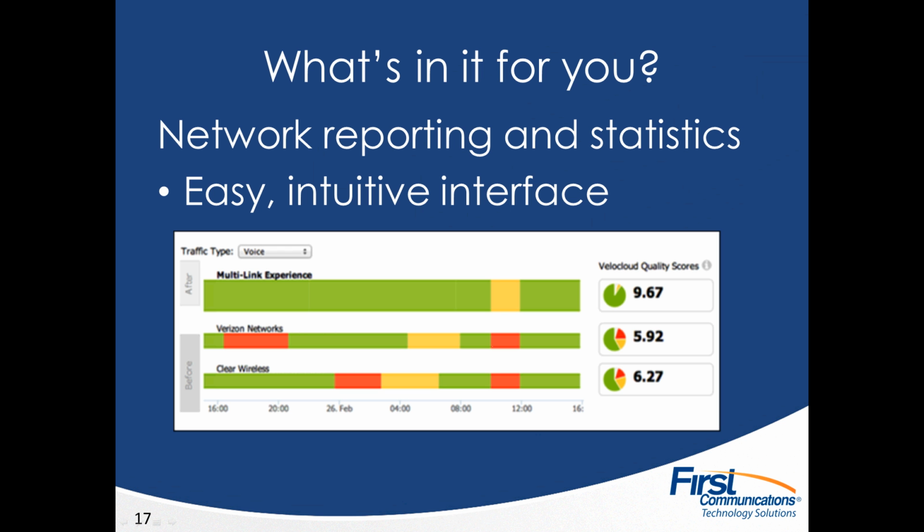And you have a wireless link as well as Verizon on this particular example, and both links were having issues for whatever reason, and due to the mitigation capabilities of the SD-WAN platform, the quality score is high and the user most likely did not experience any issues with their voice.